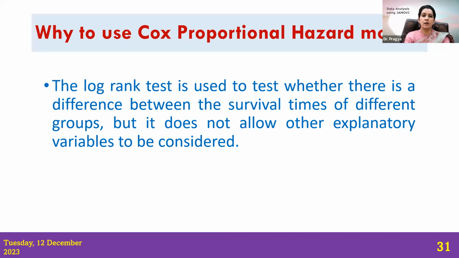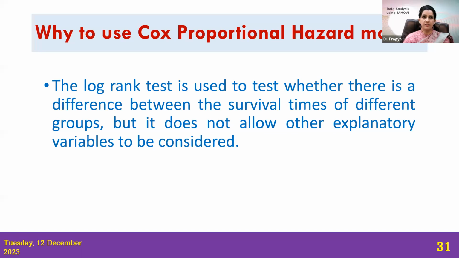So in the Kaplan-Meier estimate, what do we see? We see whether there is a difference between the survival probability in the two groups or not. And if there is a difference, is it statistically significant or not? We have seen that we use various tests. The most common is the log rank test. Others are like Tarone-Ware and Peto-Peto; that option is there in jamovi.